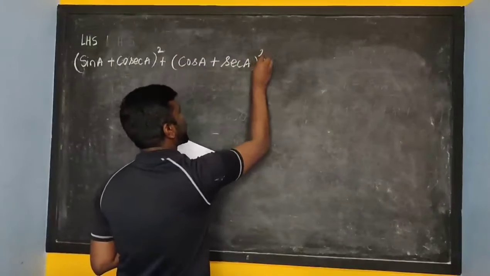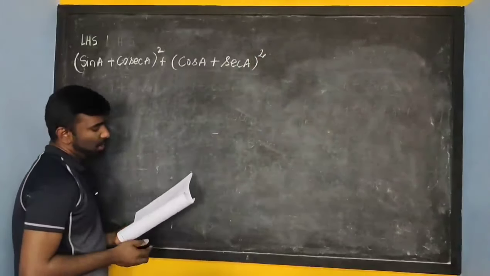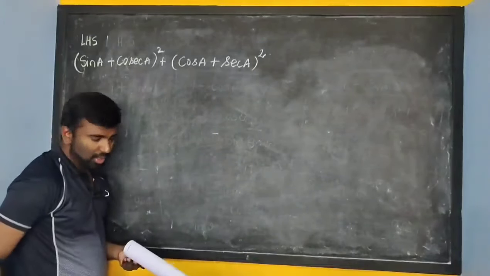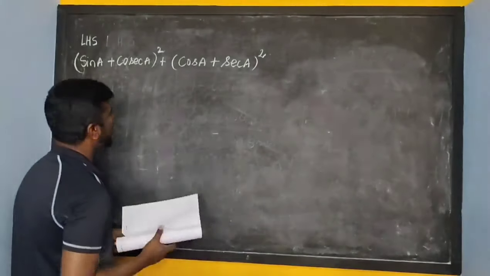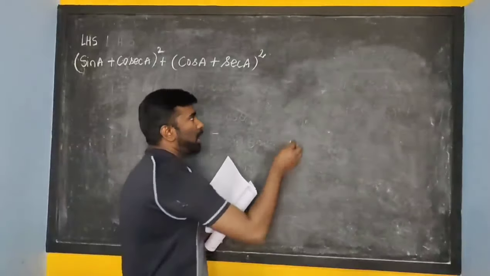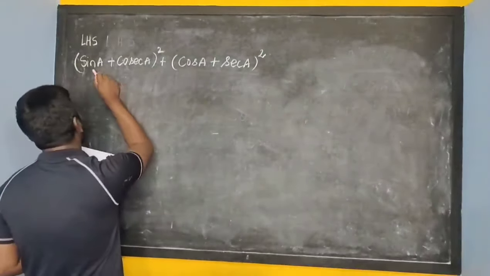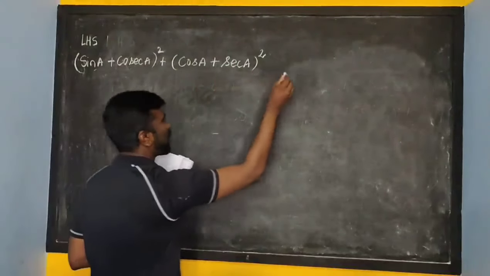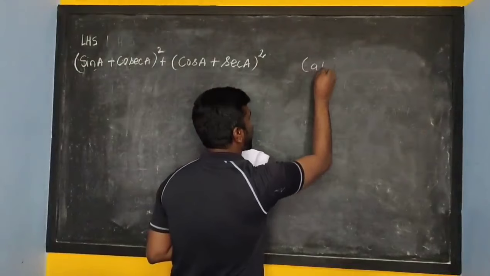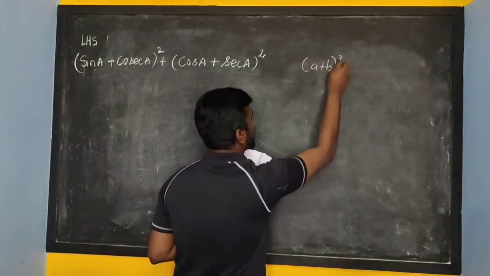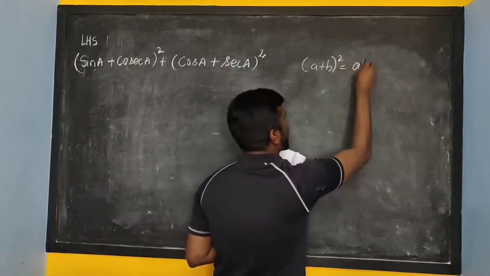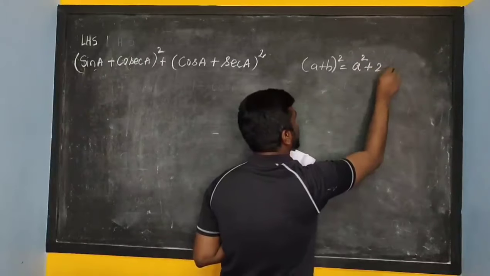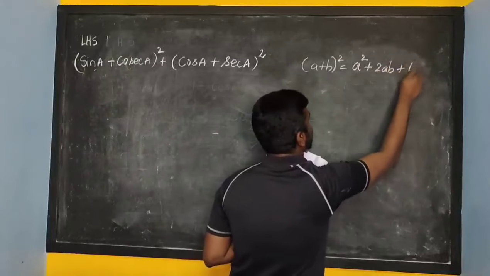This is the LHS. Now students, the important identity we use here is of the form A plus B whole square. What is A plus B whole square? A plus B whole square equals A square plus 2AB plus B square.